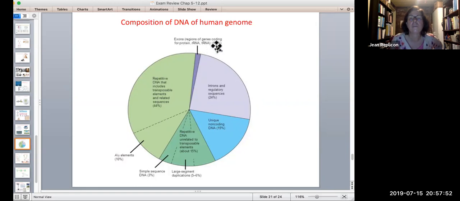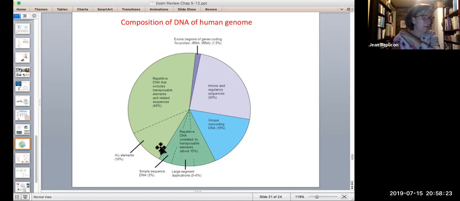Only about 1.5% of genetic material codes for proteins, rRNAs and tRNAs. The rest of it is either introns. We talked about introns being removed. Introns are a significant part, but the bulk of it are transposons, or transposable elements, which are repetitive sequences that can insert themselves in different places in chromosomes.